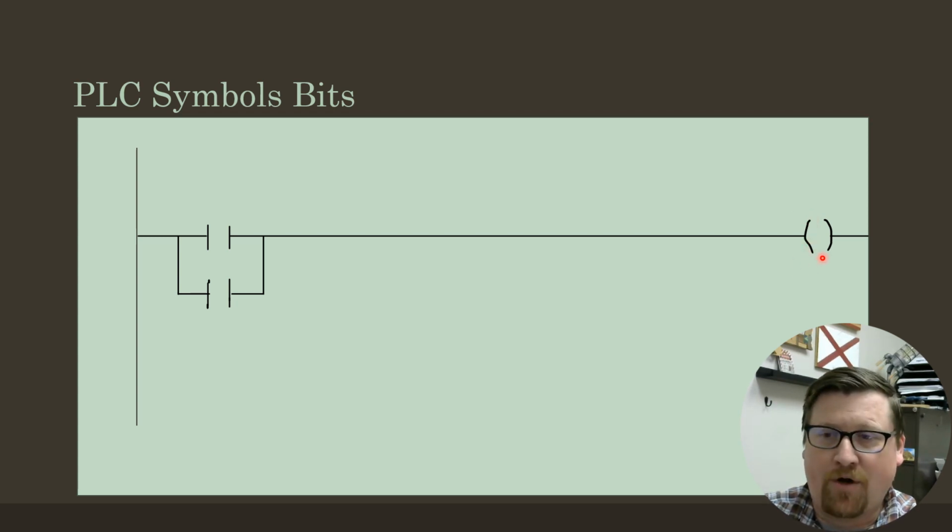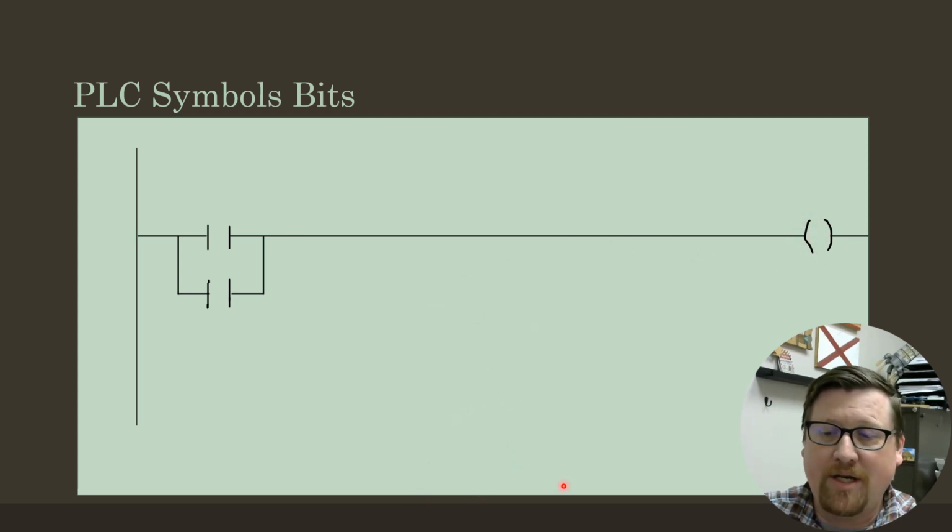That's not what we always need in the program. When we're writing a program, I may want to just have an output that is turning something else on in the program without physically turning something on in the world. We only want something that's going to give us a yes or no inside the program.